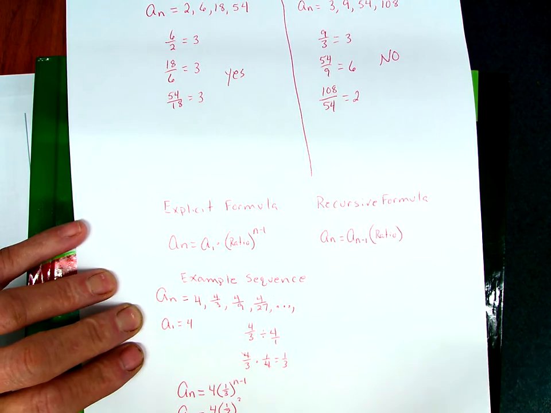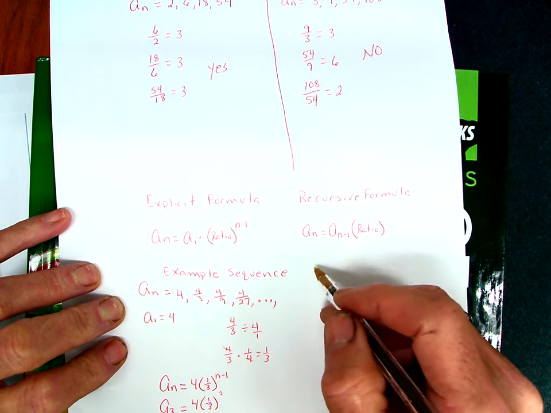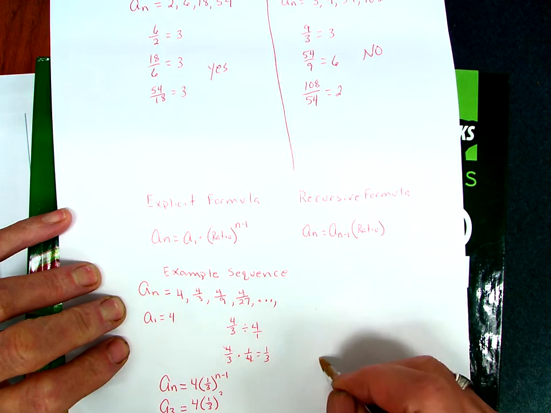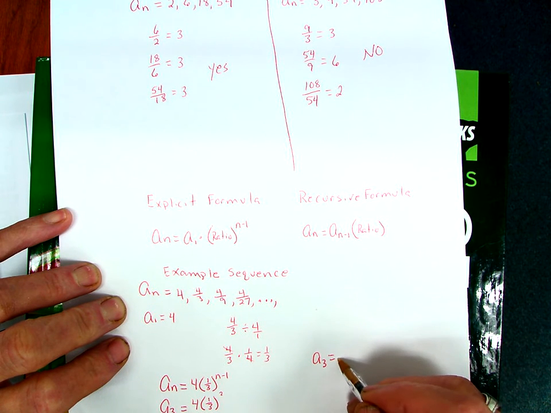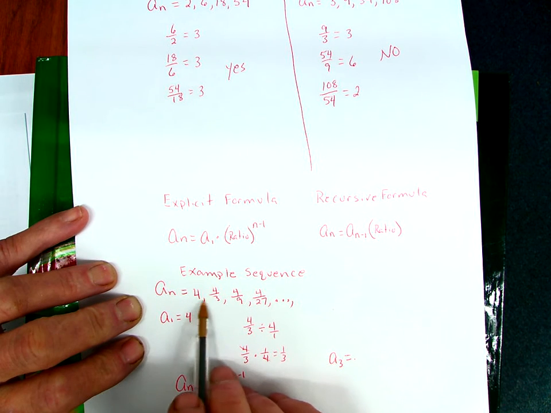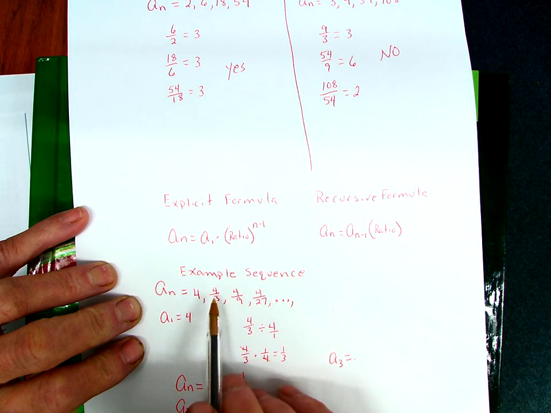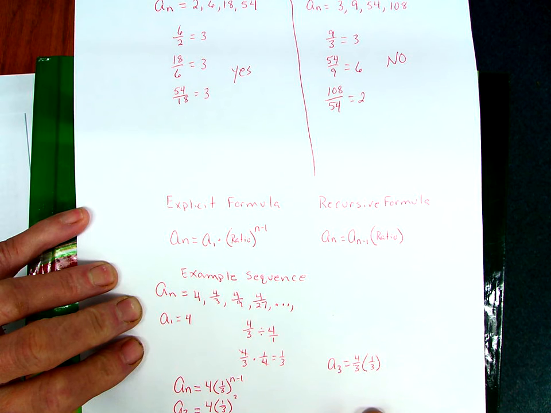Alright. Using the recursive formula. Let's try it again. If I want to find a sub 3, it's going to be the value that came before it. So here's the number I need to find, a sub 3. I need to use the previous amount, 4 over 3, and multiply it times my common ratio.